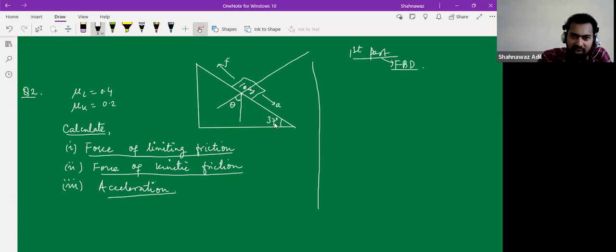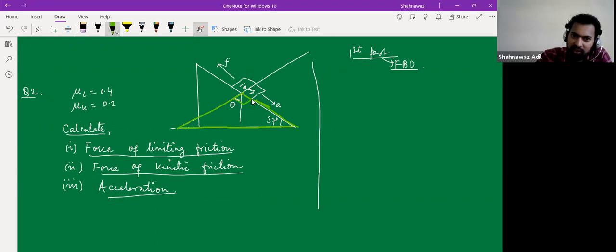So this angle is given as 37 degrees, right? So what will be this other angle? Let's see this triangle.